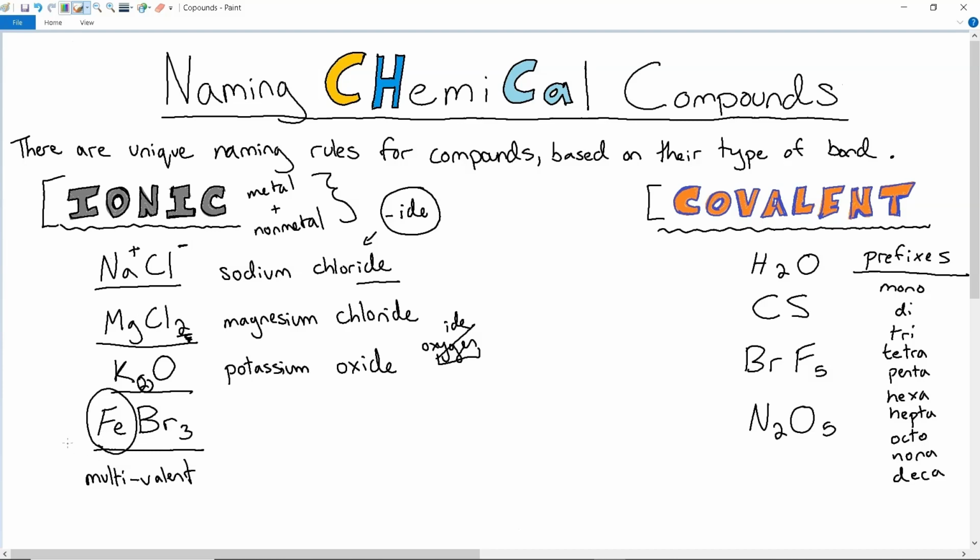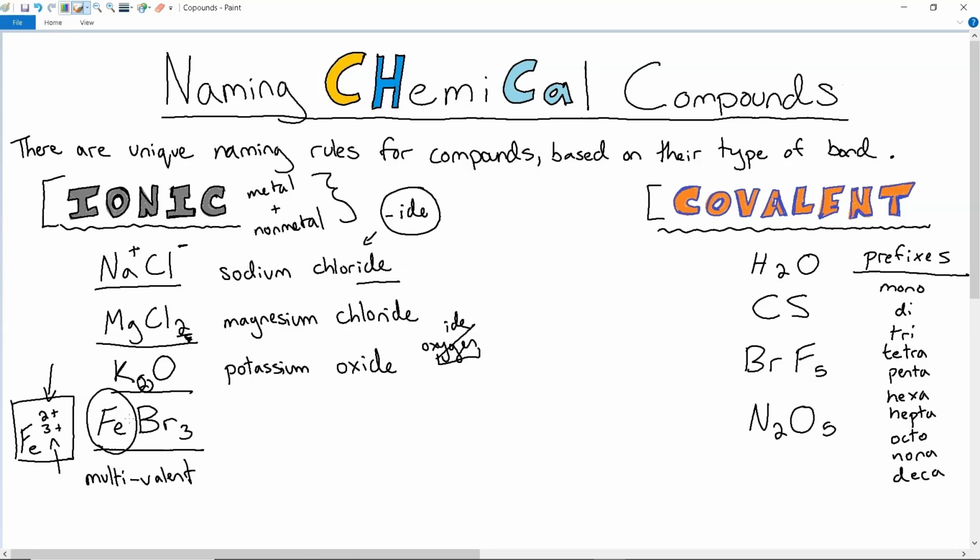However, for iron, there's actually two options. So if you look up iron on a periodic table, often you'll see a 2+ and a 3+ beside it. And what this means is that it can either have a charge of +2 or a charge of +3.